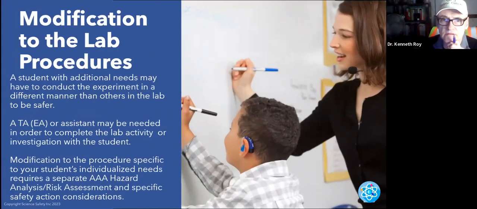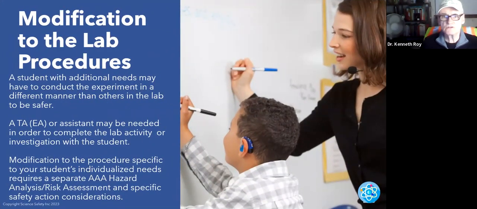Next. Modification of lab procedure. A student with additional needs may have to conduct an experiment in a different manner than others in the lab to be safer. All right. A TA or EA or assistant may be needed in order to complete the lab activity or investigation with the student.